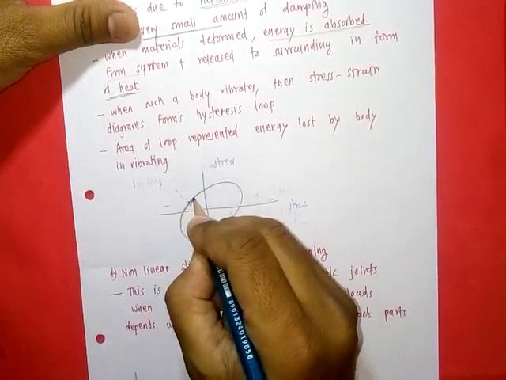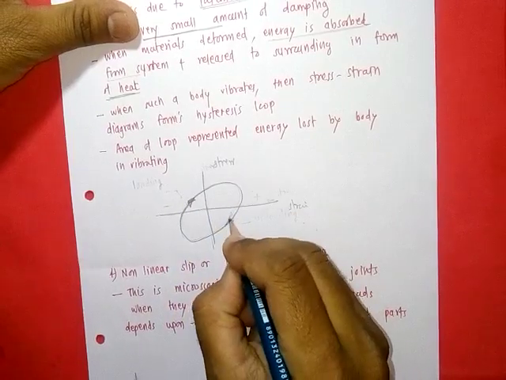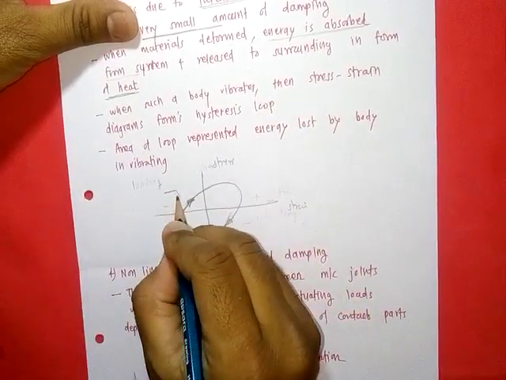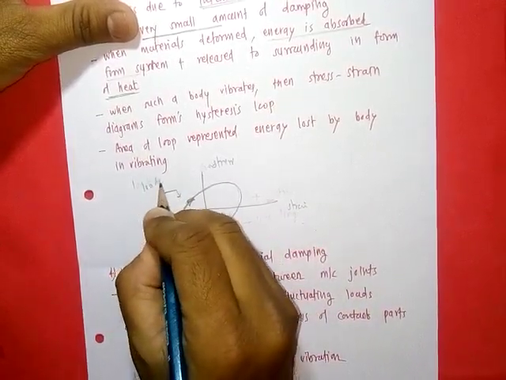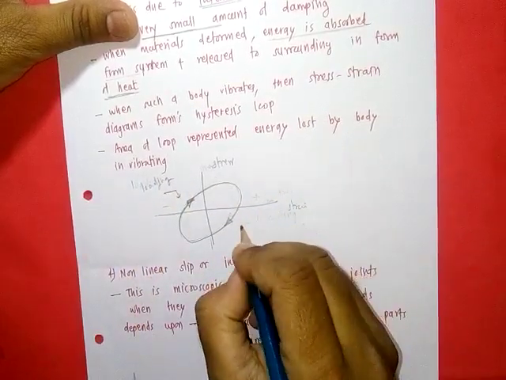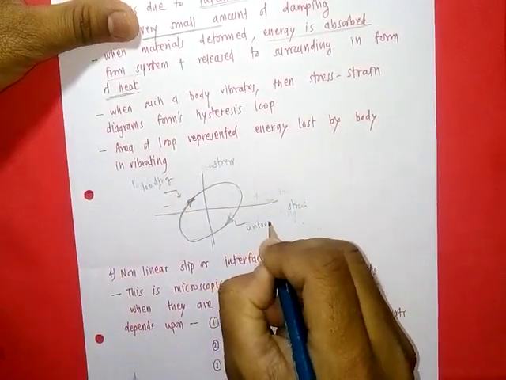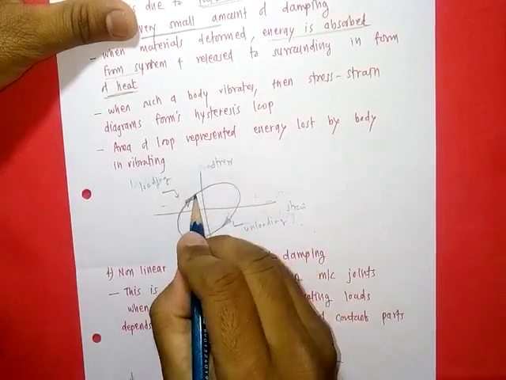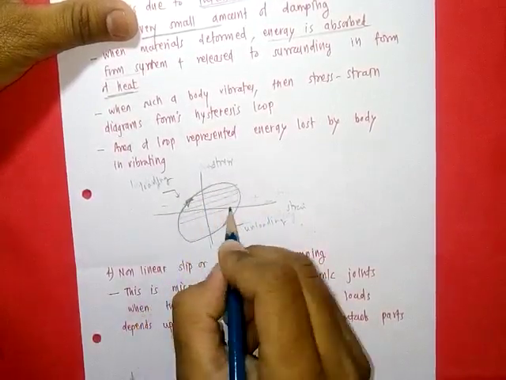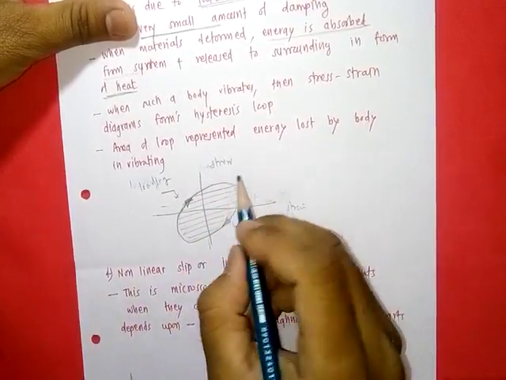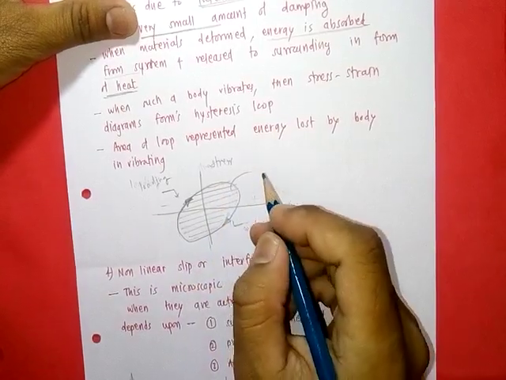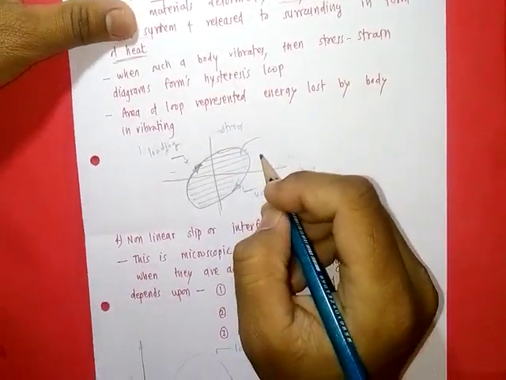This loop is called a hysteresis loop. This is the loading condition, and this is the unloading condition. The area under the loop represents the energy lost by the system while vibrating.